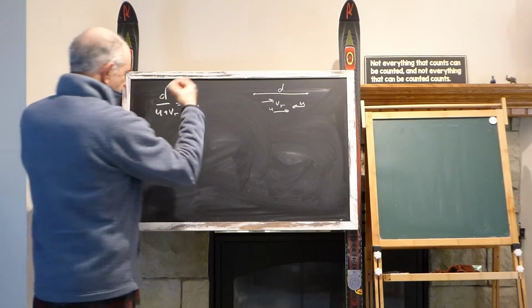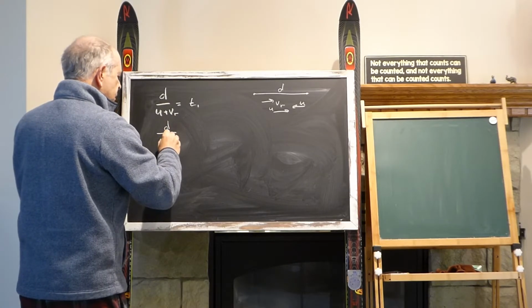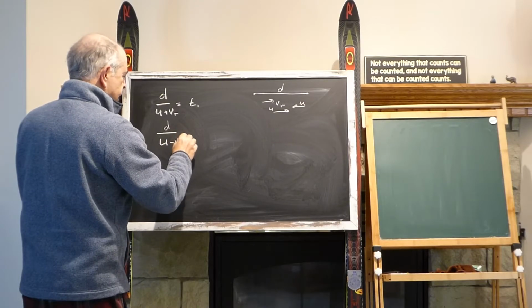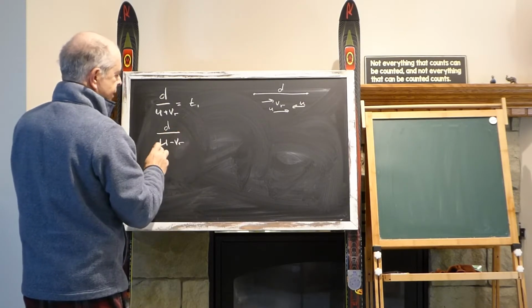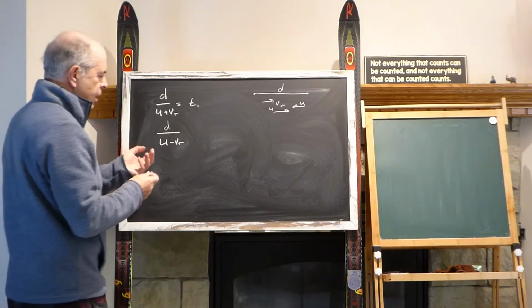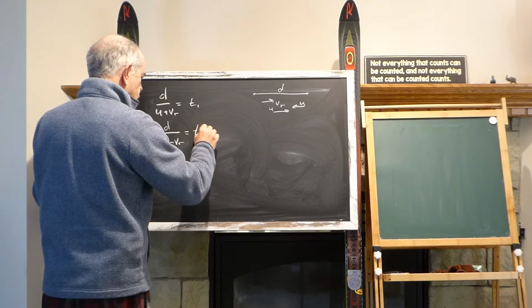And when we go the other way around, d, and we go upstream, the boat goes u, but it's drifted down with the water, so the total speed against the shore, against the earth, would be u minus the river, and it would be t2.